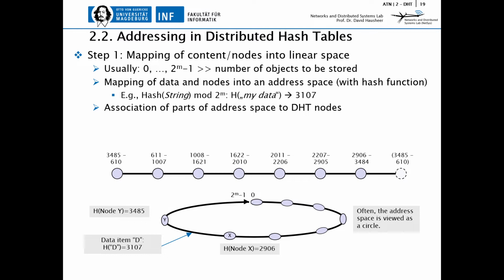Then the data items and the node items need to be mapped into that address space, which happens with a hash function. So for example, if we have a string like "my data" that we would like to store in the network, then we hash it and calculate this modulo 2 to the power of m, and then we get a result, in this case 3107, that then determines the actual location of that data item in the address space that we have defined.